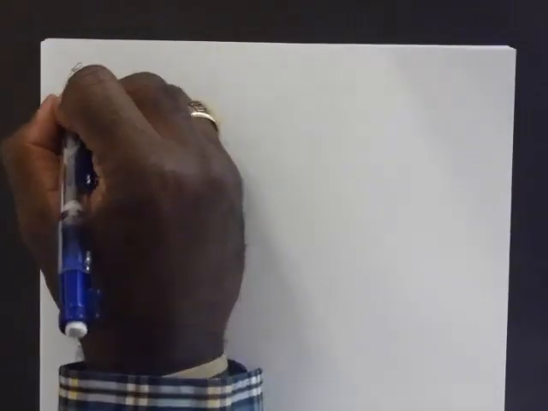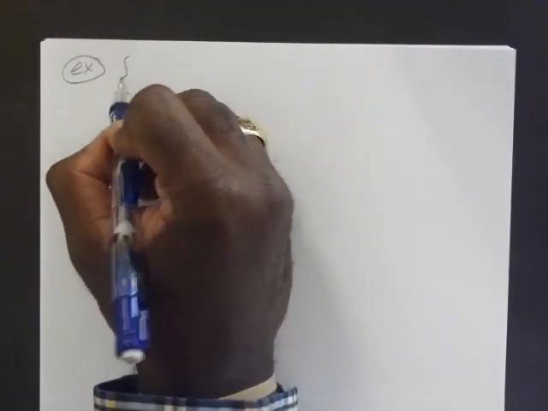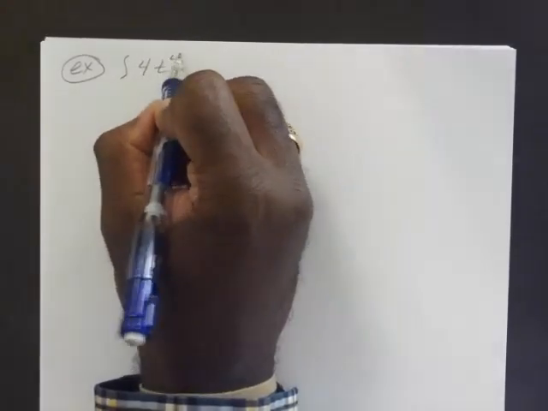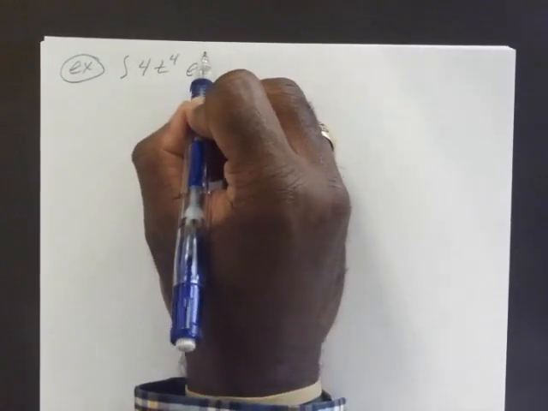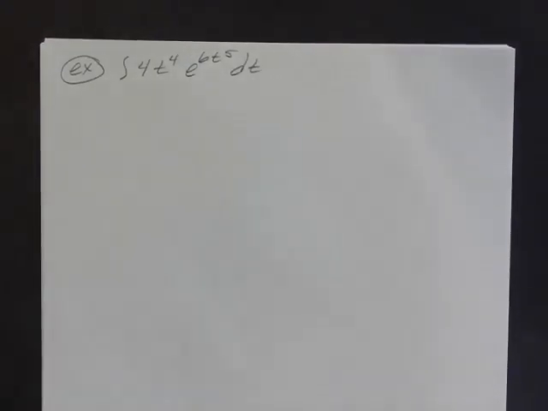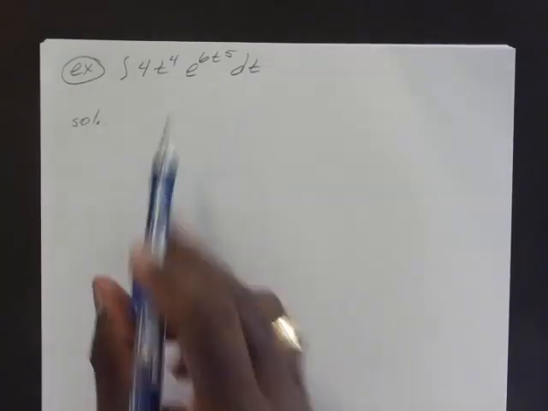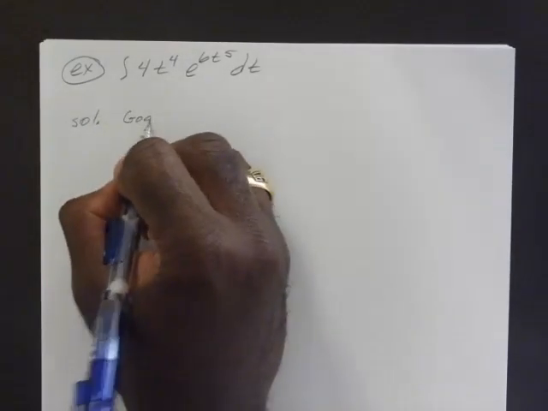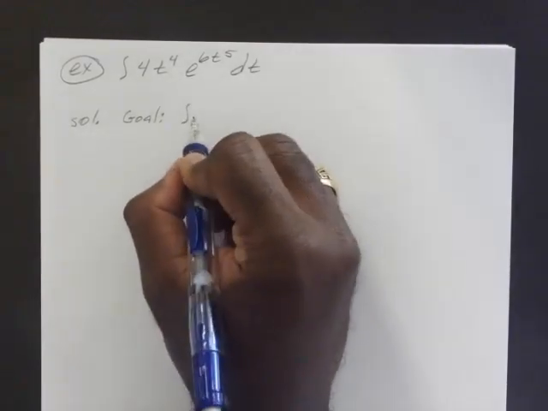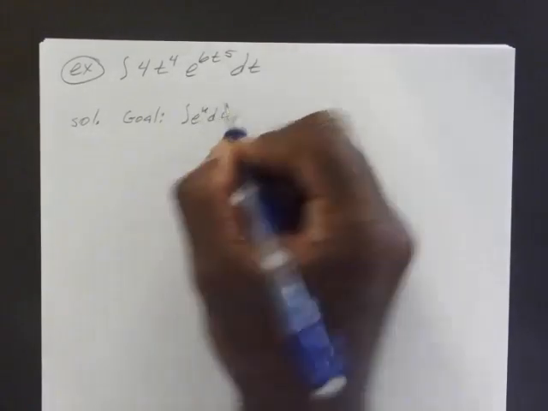So let's say if we wanted to find the integral of 4 times t to the 4th power times e to the power of 6t to the 5th power with respect to t. Okay, so for this one, our goal is to put it in the integral of e to the power of u du form.